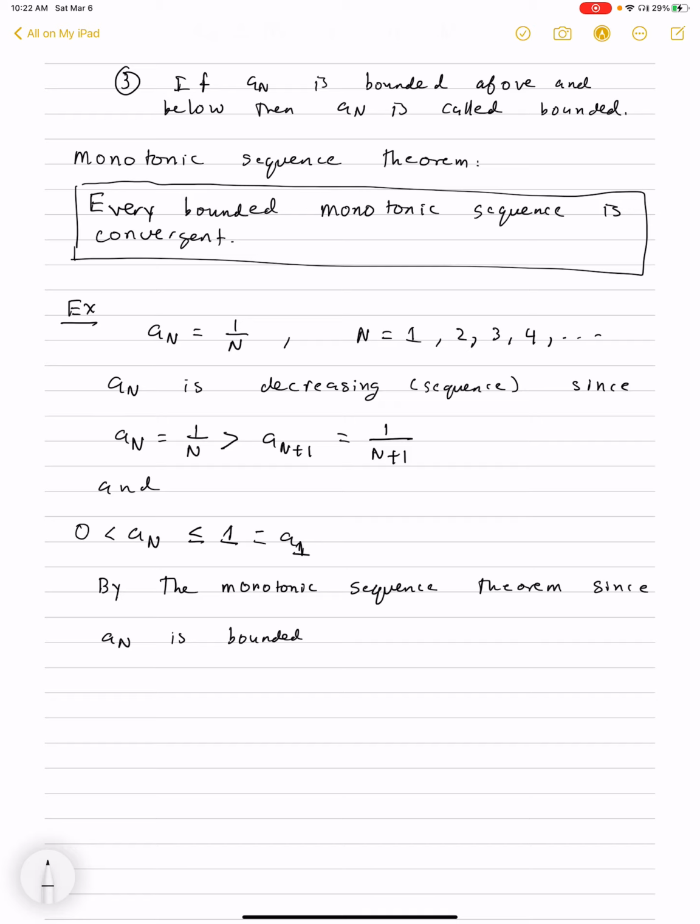Whatever n is, even if it's a billion, it's still bigger than 0. So it's bounded because of this relationship, and decreasing, a sub n is convergent. And we're done. If the question asks, does the sequence converge or diverge? We answered the question.